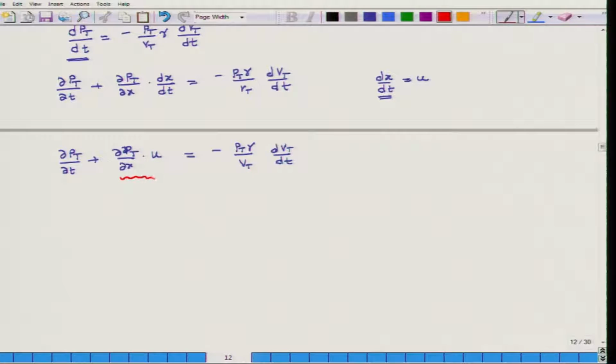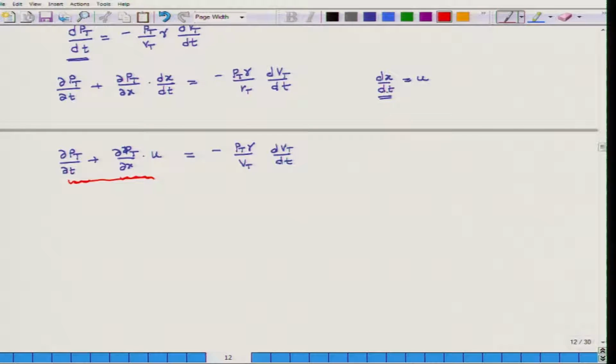Now, we look at these terms and we realize that pressures, velocities, all of these entities are very small. But before we do that, we will simplify this right side once more.